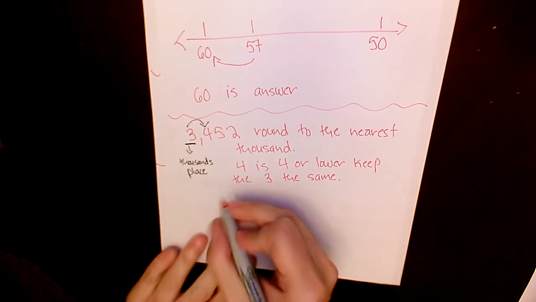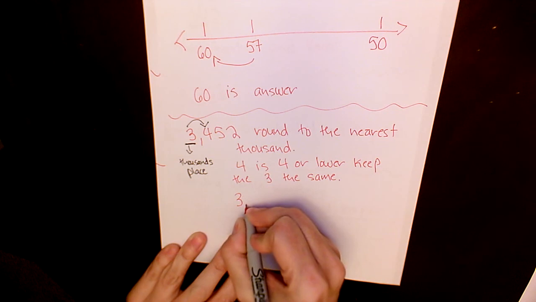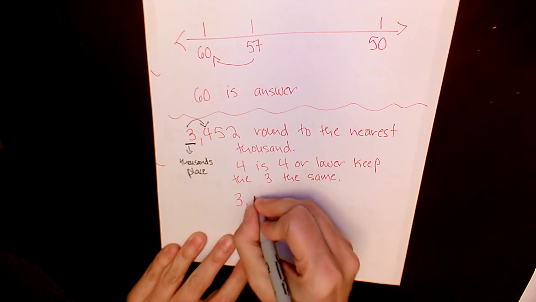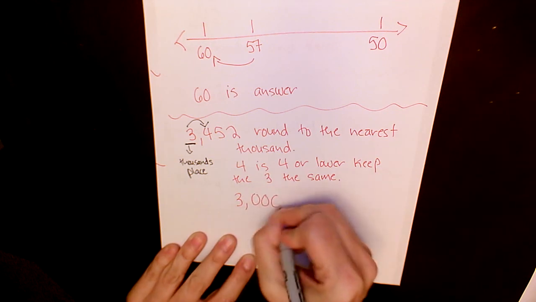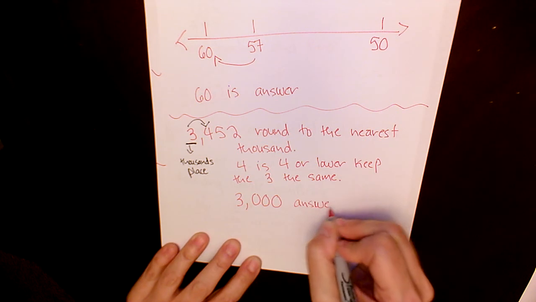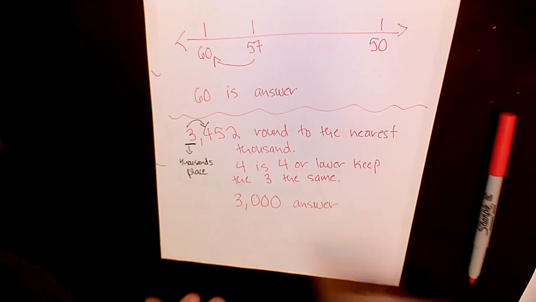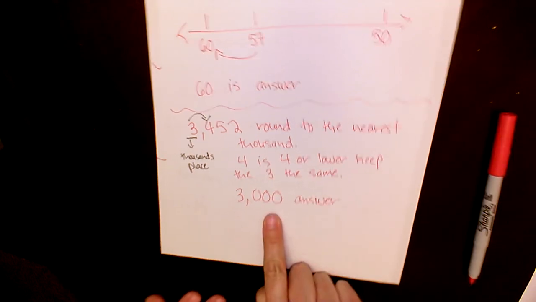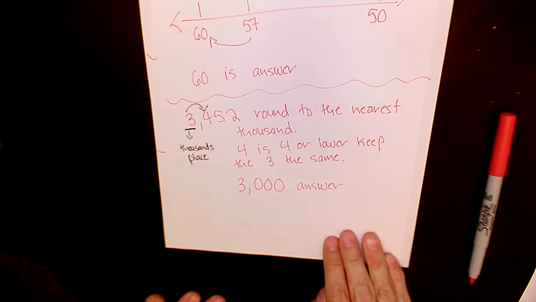Okay, so we keep the 3 the same, put in our comma, and we fill in zeros. So 3,452 rounded to the nearest thousand is 3,000.